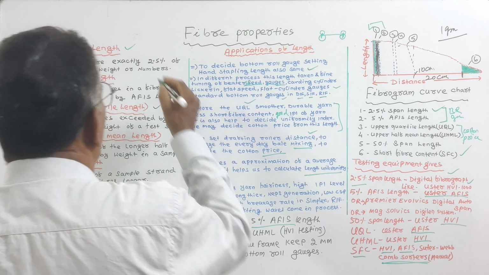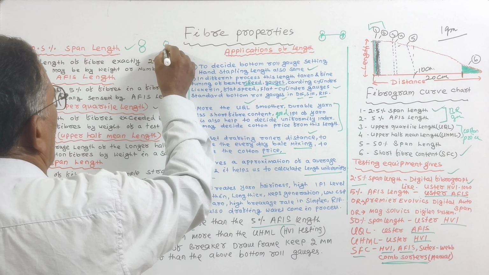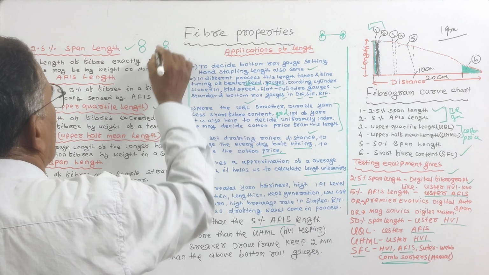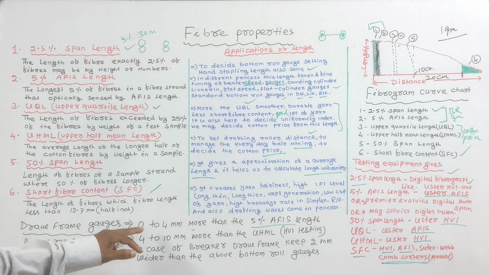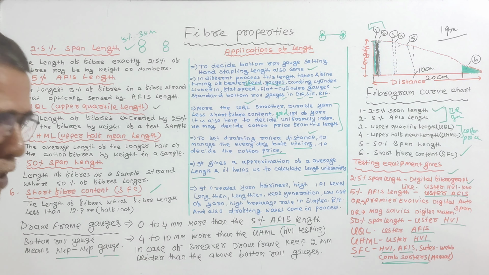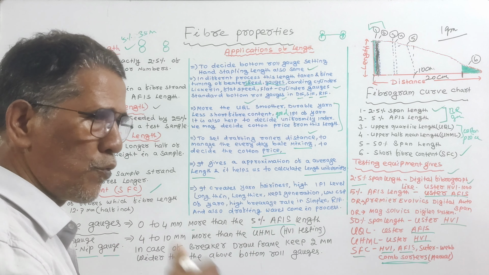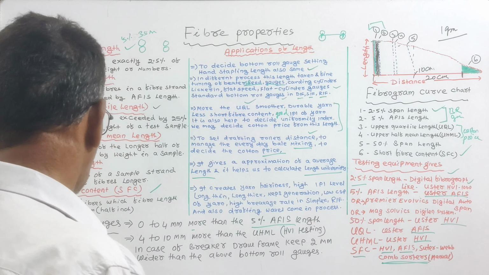You see, suppose this is the bottom roll. Suppose your 5% span length is 35 mm. You can keep the gauge 35 to 39 in the drop frame front zone, and then 2 mm more in the back zone.